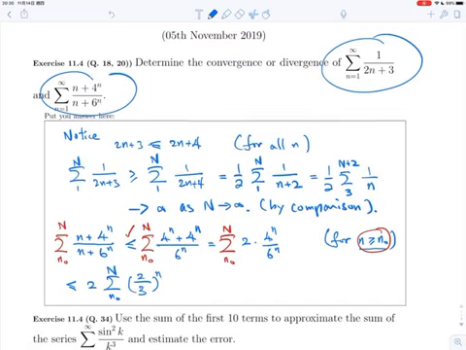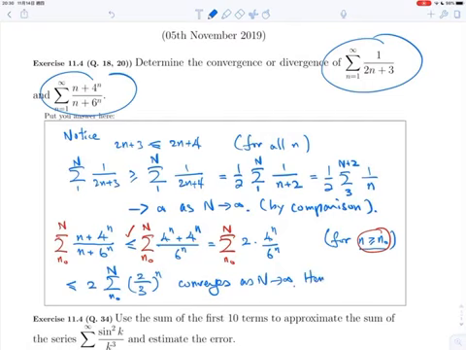So we see that this actually converges because it is a geometric series as n goes to infinity. I should put capital N by comparison.